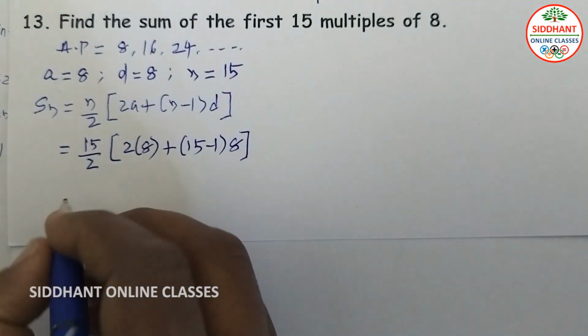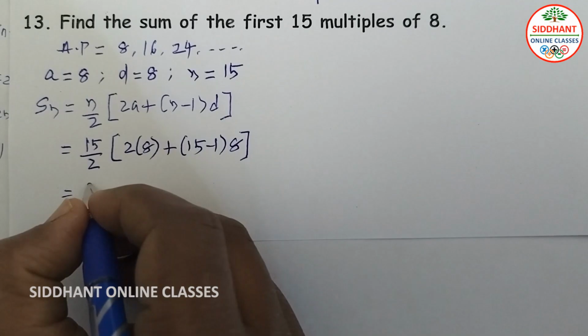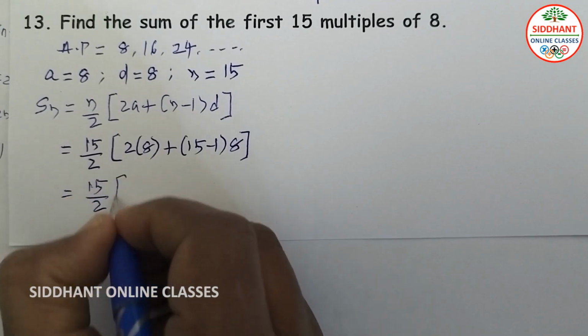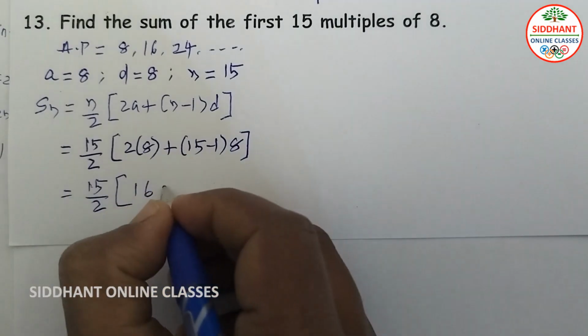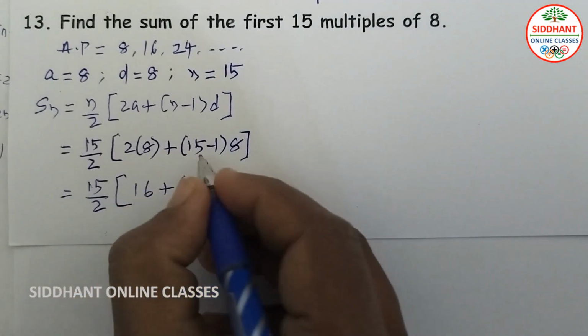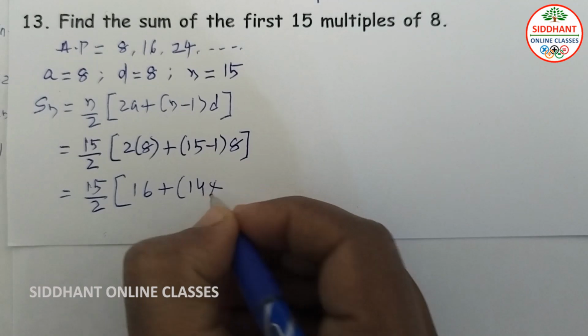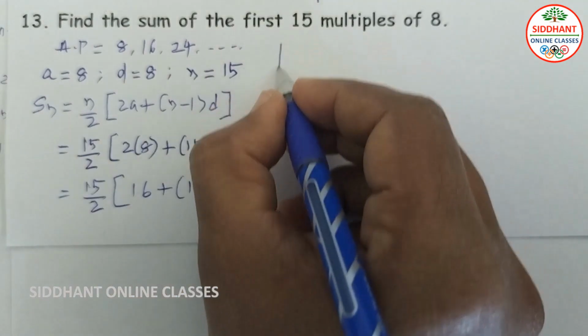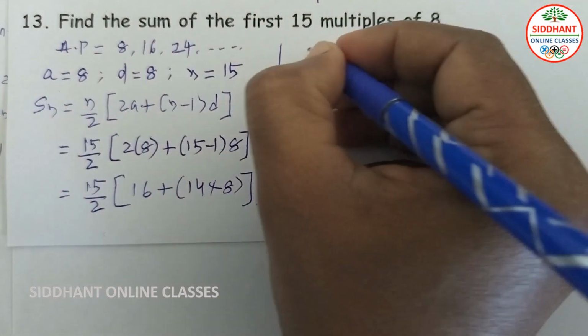So that equal to 15 by 2 into 16 plus 15 minus 1 which is 14 into 8.